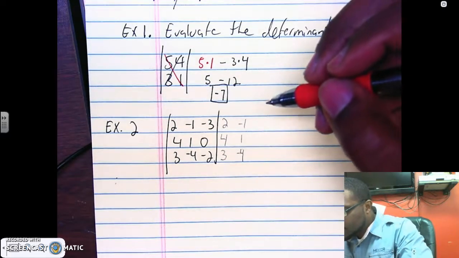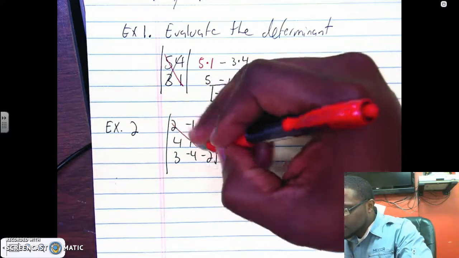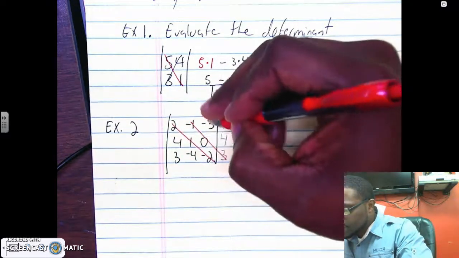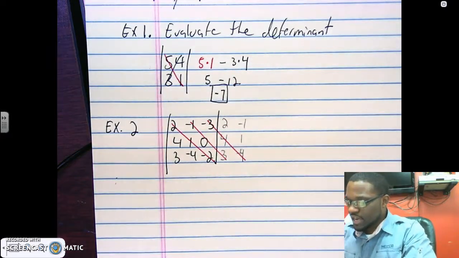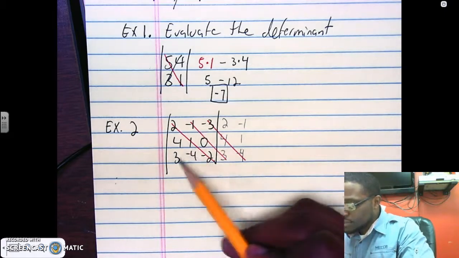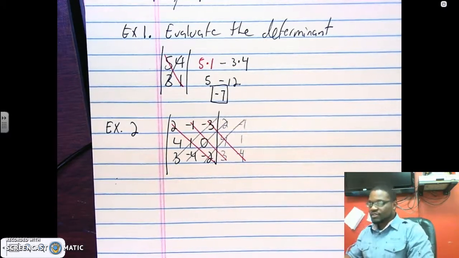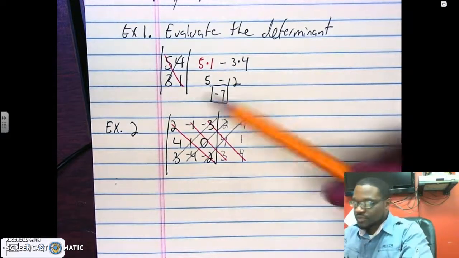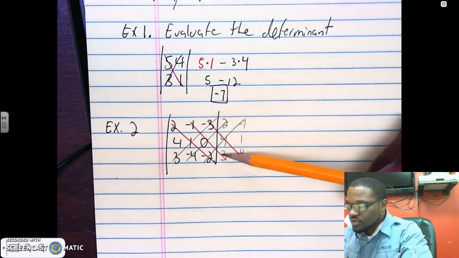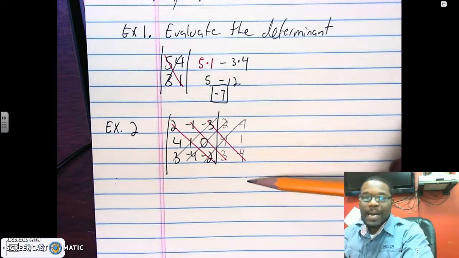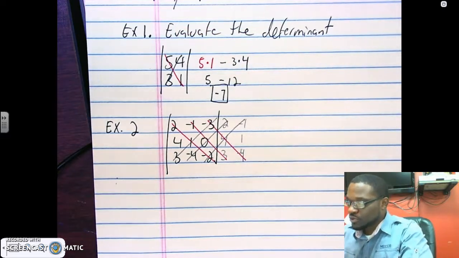You have this, this, and this, and you have this, this, and this as your diagonals. So 2, 1, -2, -1, 0, 3. Notice how I marked through them, because those are what I'm going to multiply.